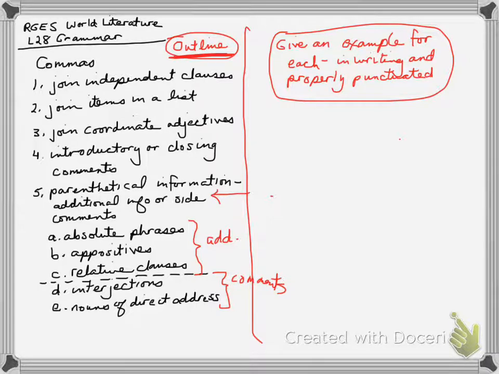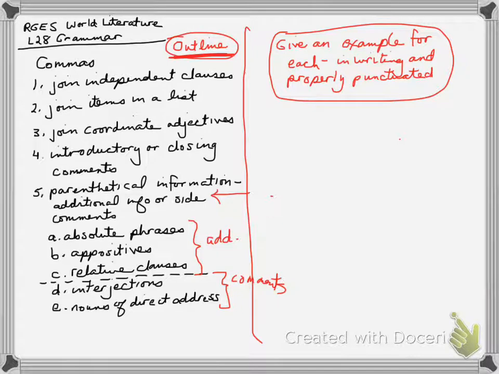The third, now I won't have you just straight down the board writing examples. I'll say, give me an example of a sentence using commas and having direct address, or give me an example of a sentence that joins coordinate adjectives.